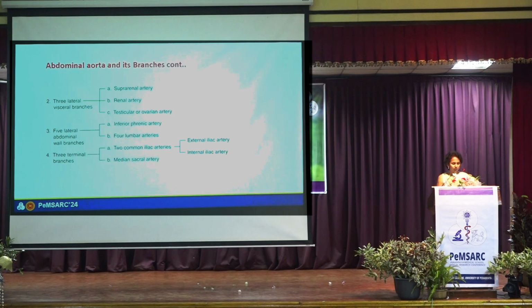Then again it has 3 terminal branches. So we usually talk about the main terminal branches, the 2 common iliacs, but there is one midline artery, the median sacral. So all these branches comprise the posterior abdominal wall vasculature and the abdominal vasculature, arterial supply.